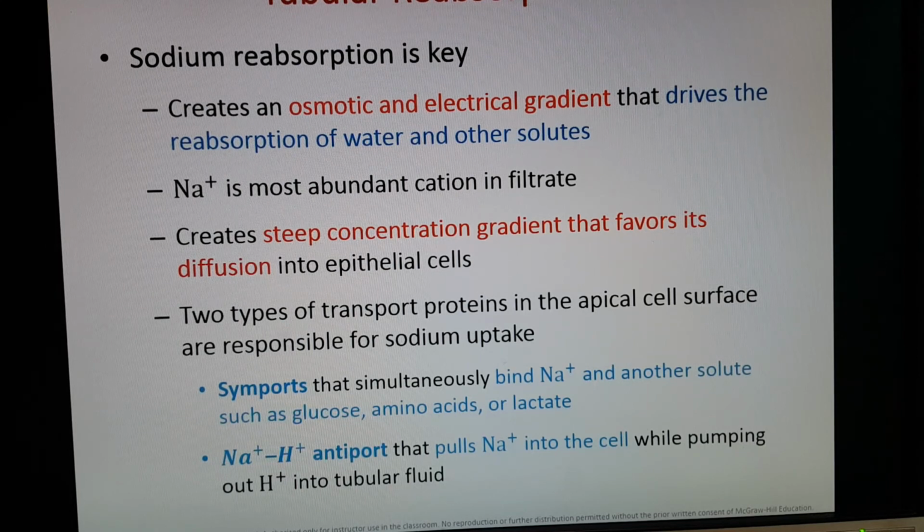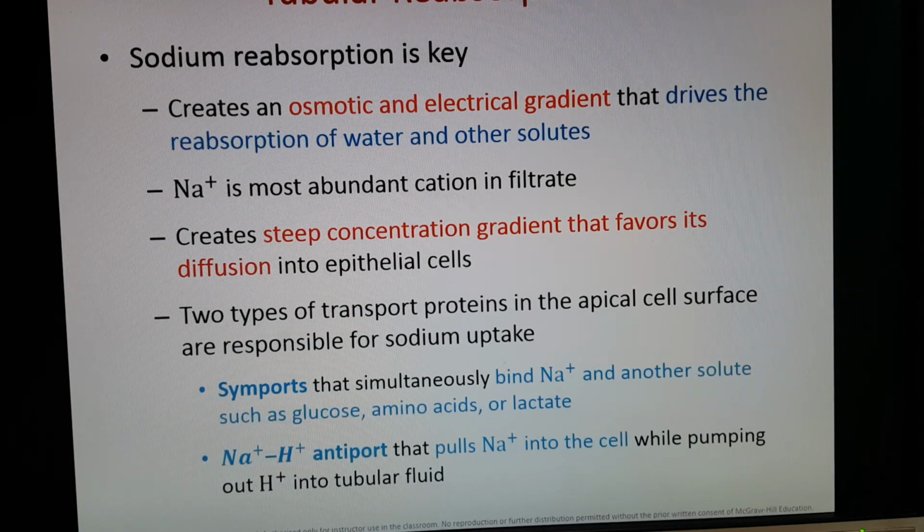So in order to have your tubular reabsorption, the main key player in that is sodium. So earlier we talked about how sodium gradients are used, for example, in your different action potentials, and that gradient, when the sodium is allowed to go down its gradient, helps to create different changes within the cell.